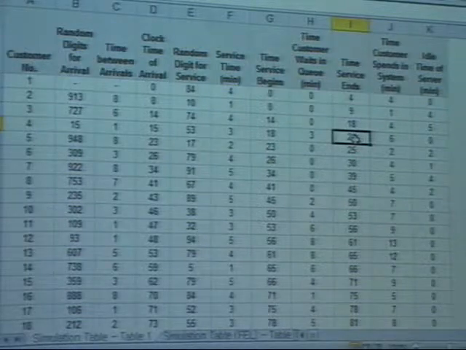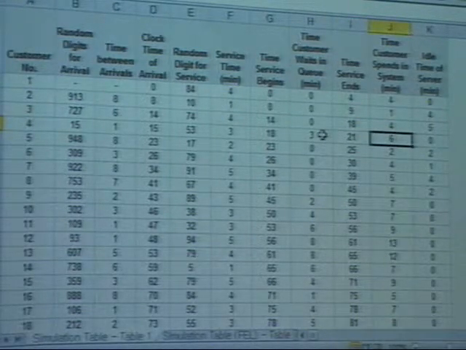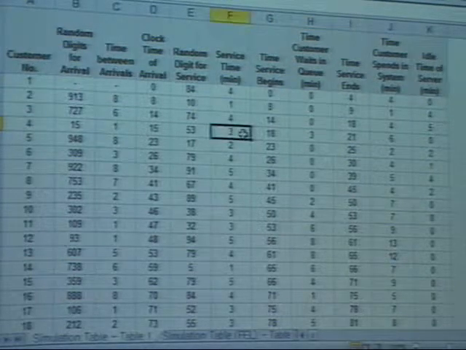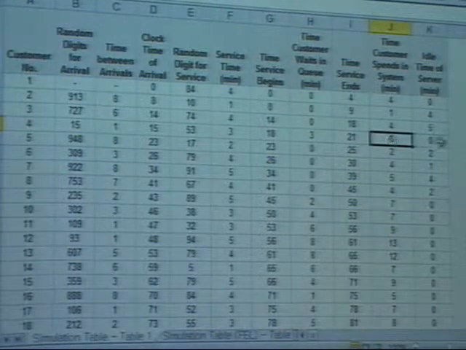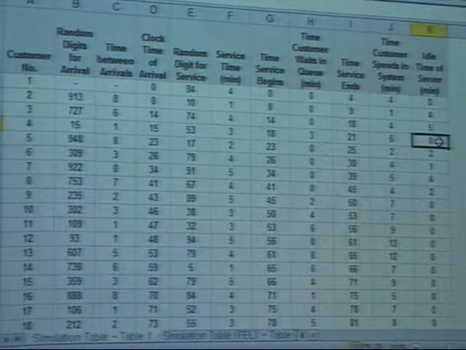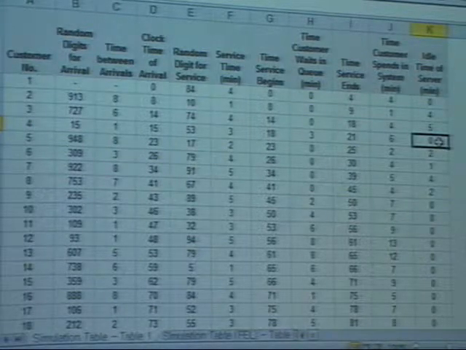So the service ends at 21, and 6 means 3 minutes of waiting time and 3 minutes of service time. It's a 6. The idle time was 0 because the customer was waiting for the server.